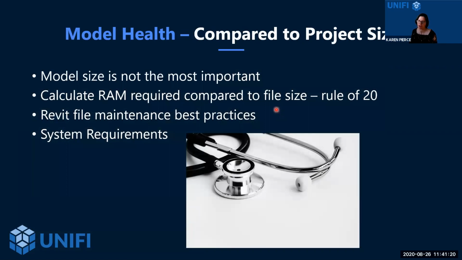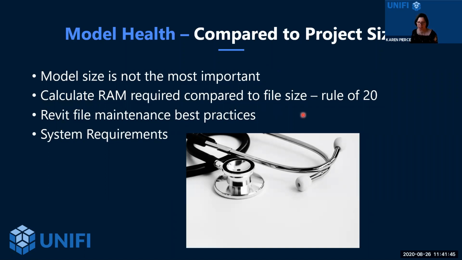So model health. This was that question that came up of model size not being the most important. It's right, model size is not the most important, but I don't know if you know this, there's a rule of 20 when it comes to the RAM that's required to actually work in the model. In order to calculate the necessary RAM for a project, there's the rule of 20.